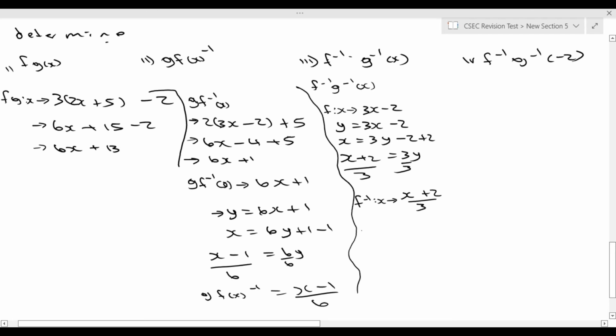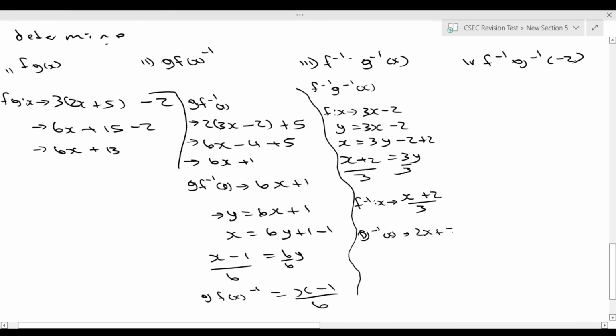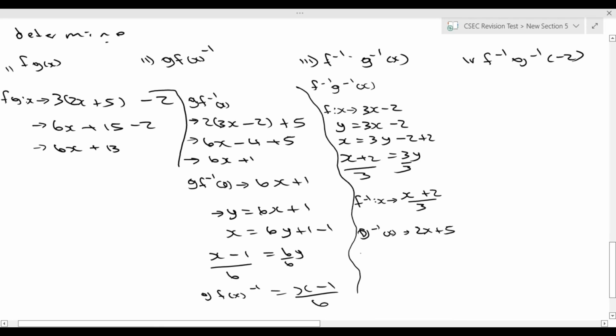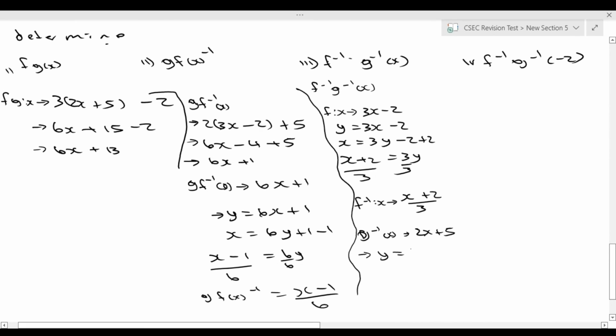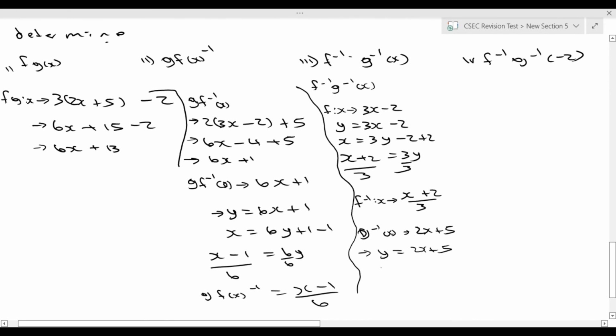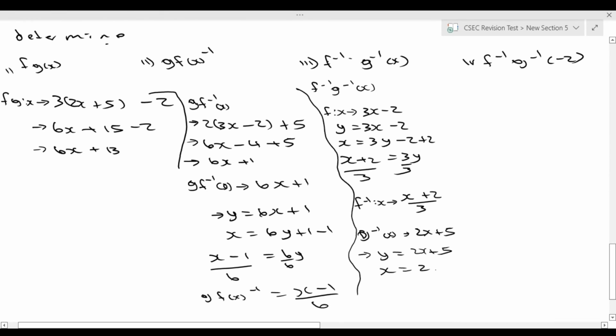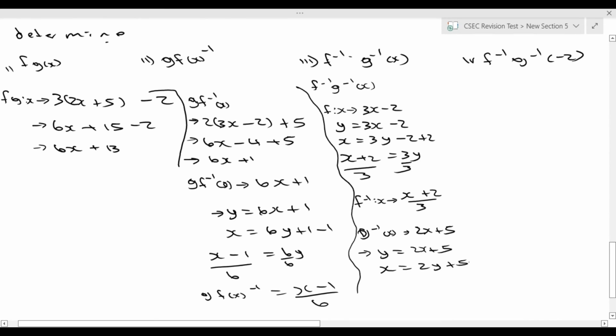We're going to find our g inverse. Our g function was 2x plus 5, and so y is equal to 2x plus 5. Interchange letters, x is equal to 2y plus 5.